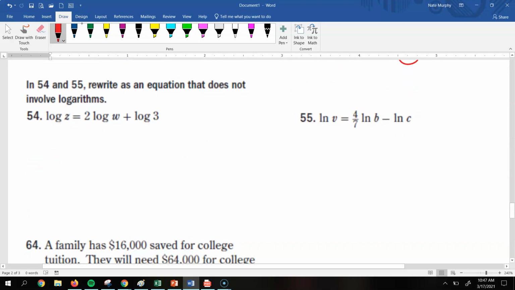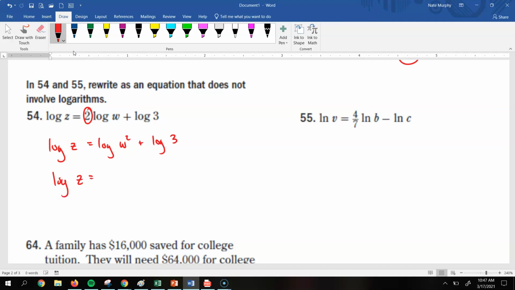All right, number 54, it says, rewrite as an equation that does not involve logarithms. So the first thing I'm going to do is I'm going to work on that right side. There's really nothing I can do right now on the left side. But I see that there's a 2 there, so that's going to be an exponent for the w. I can simplify this further, since we're multiplying there, by multiplying the w squared and the 3's.